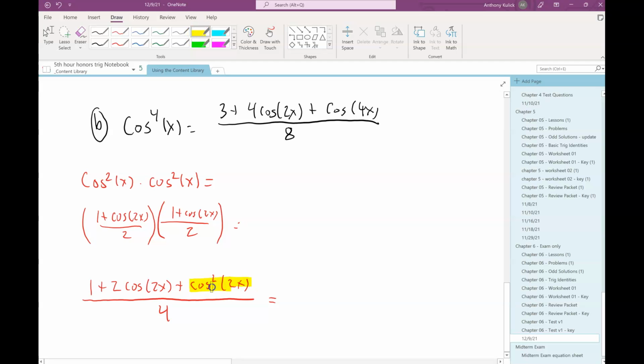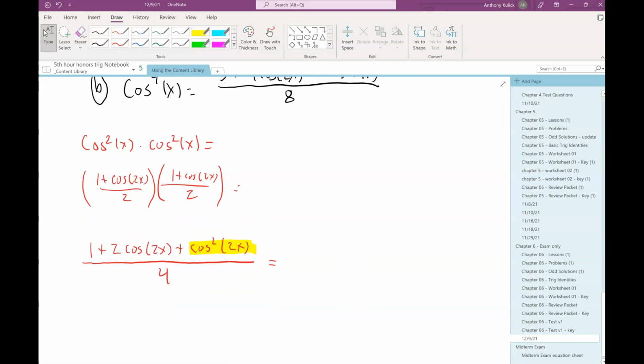So now what I'm going to see is, okay, I have another cosine squared, so I'm going to do the power reducing on that one. I knew that I was going to have to do the power reducing at least twice. So this is the step that I was anticipating.